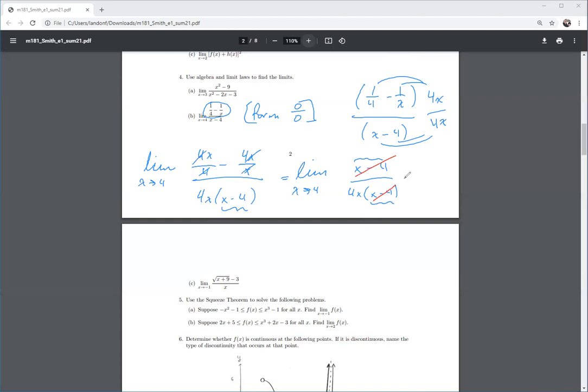So now we just end up getting limit x approaches 4, 1 over 4x. So what would the answer be here, do you think? 1 over 16. Yeah, exactly. So we just plug in 4 into here, and then 4 times 4 is 16. So then we just get an answer of 1 over 16 as our final answer.